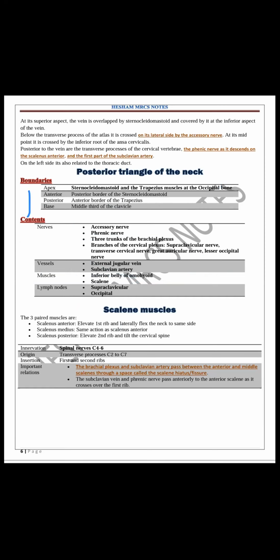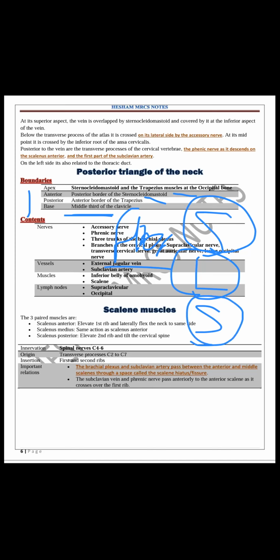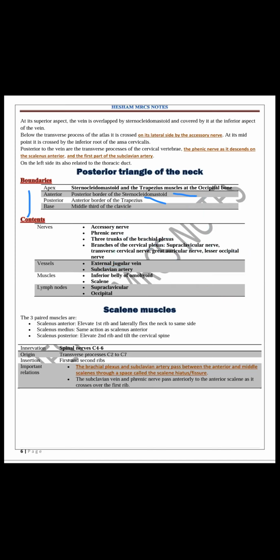Anterior is the sternocleidomastoid, posterior is the trapezius, and the base is the middle 1/3 of the clavicle. While the floor is splenius capitis, levator scapulae, and scalenus medius. Here you have 3 scalene muscles: scalenus anterior, medius, and posterior.